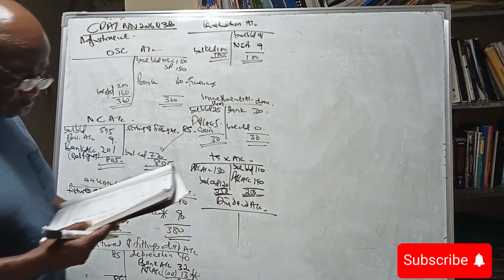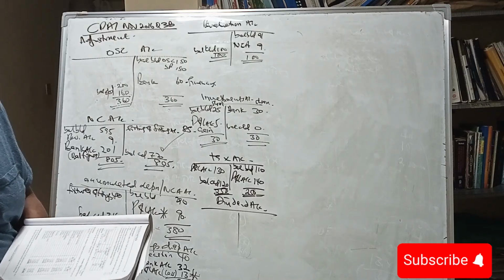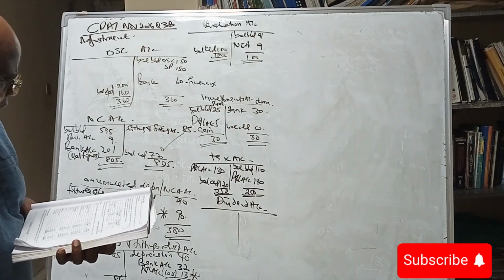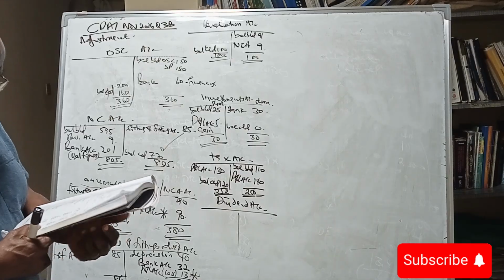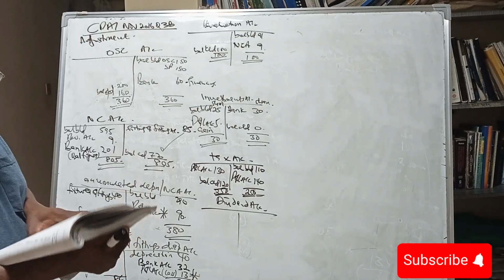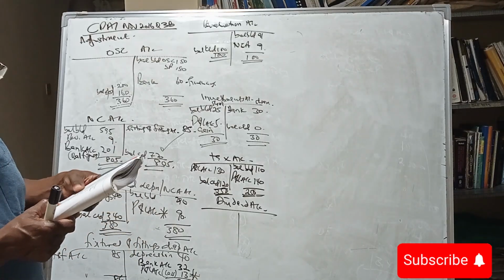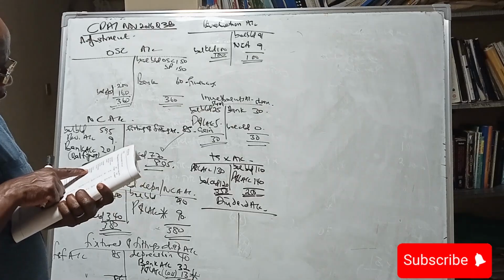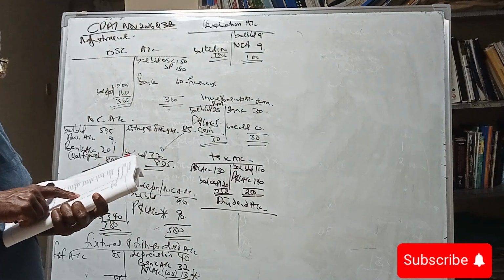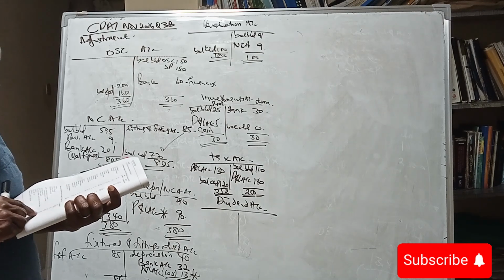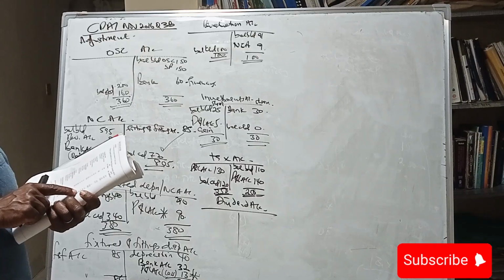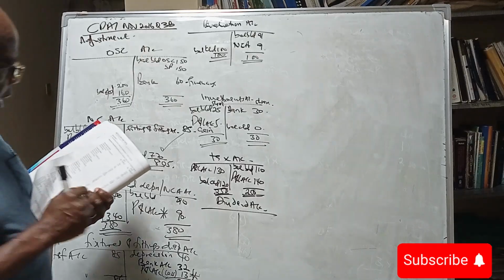You do the same with the dividend account. From the balance sheet, for the dividends, we say 80 and 100.